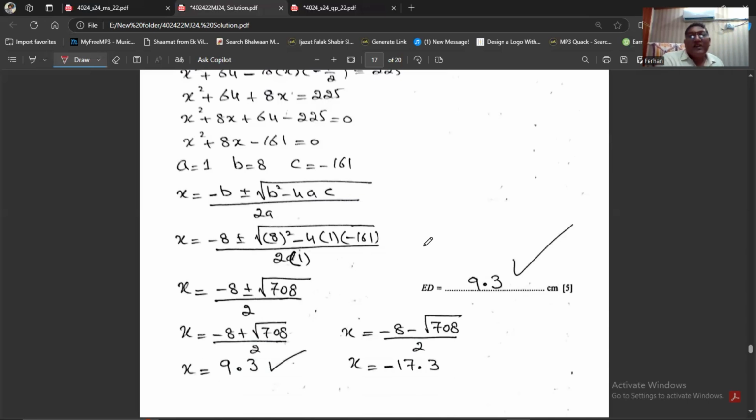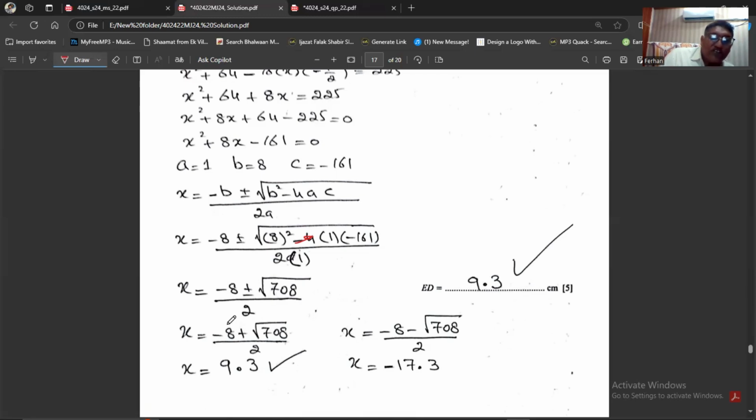So it will be minus 8 plus minus under root 8 square minus 4 into 1 into minus 161, and we have 2 into 1 downstairs. So minus 8 plus minus, this is 64 plus, oh sorry, minus will become plus, so you will have 708 under this radical sign.